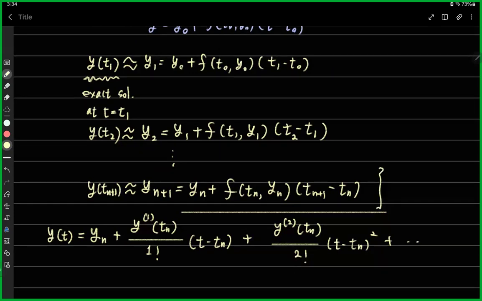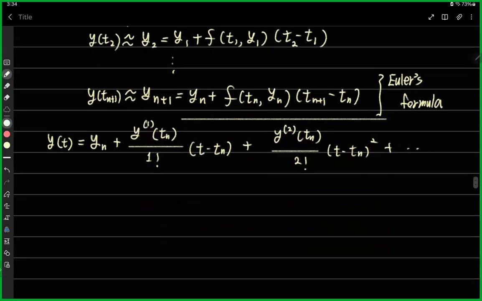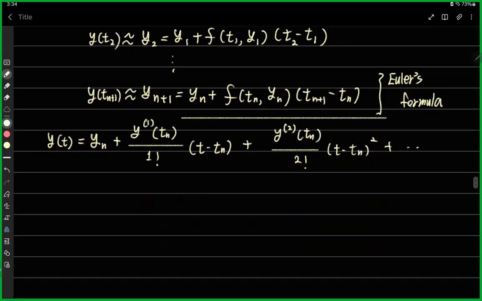So let's see the example right here. This is Euler's formula. Give me a second. All right, so the starting point.